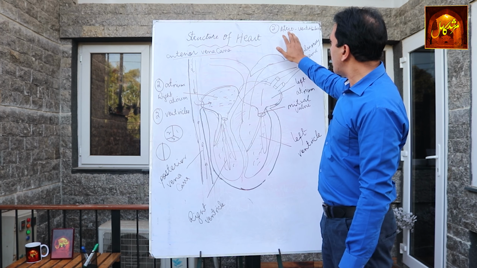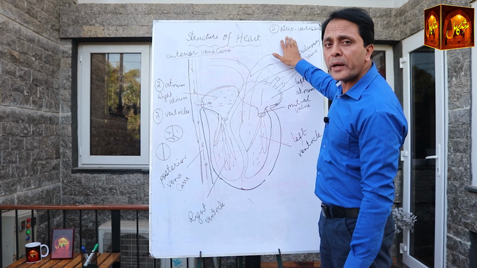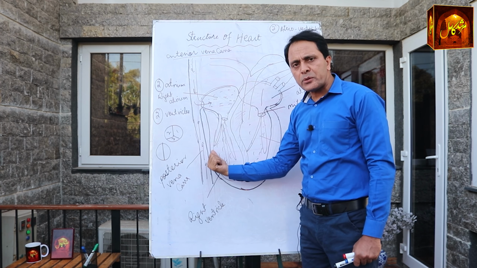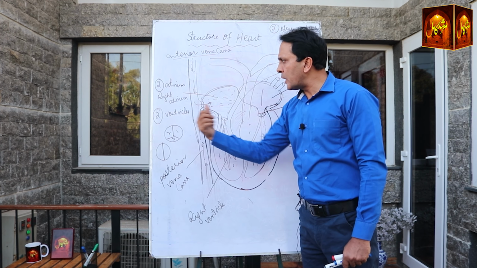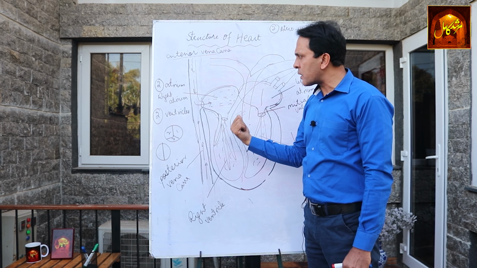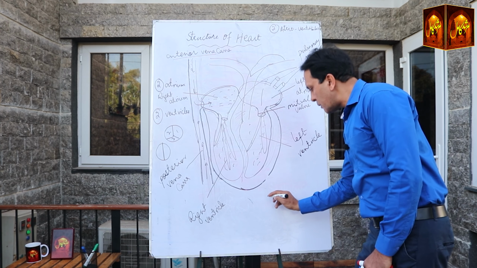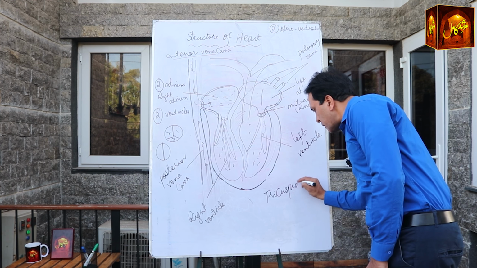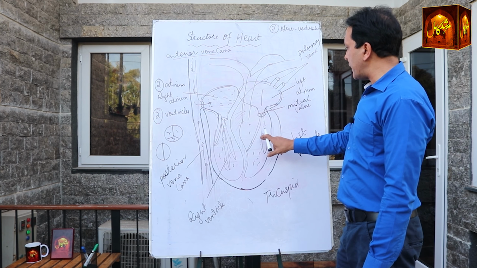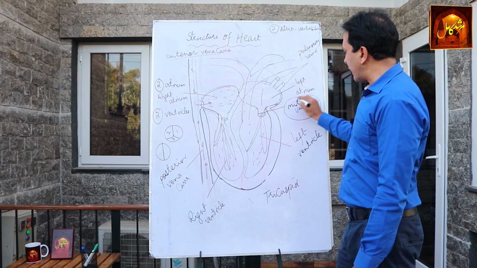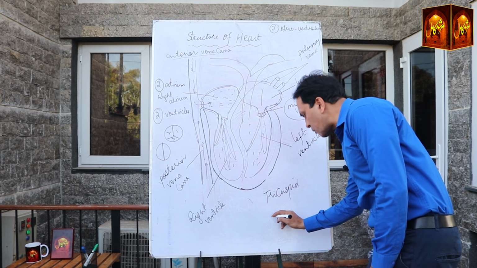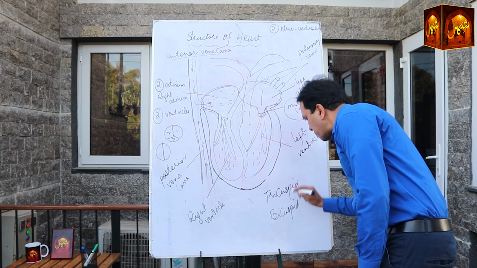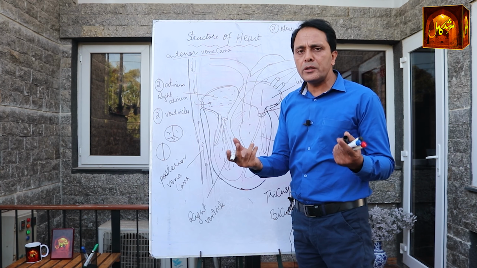On right side we have 3 flips, and the name given to them is tricuspid. And on left side, the mitral valve is also called bicuspid because it has only 2 flips.